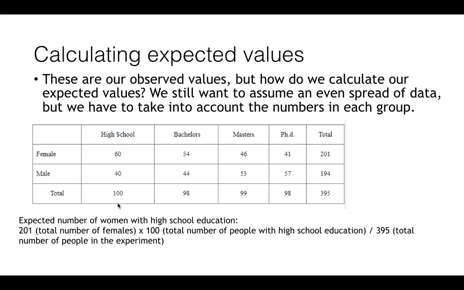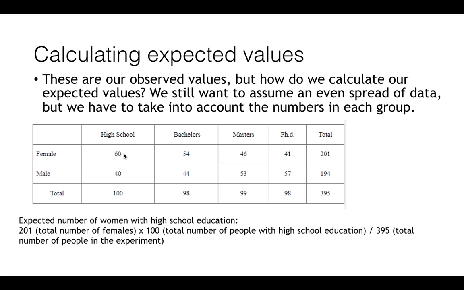That's how many people were high school educated. So I do 201 multiplied by 100. I'm then going to divide that number by the total number of people in the study, 395. And that will give me my expected value for the number of female high school educated individuals.